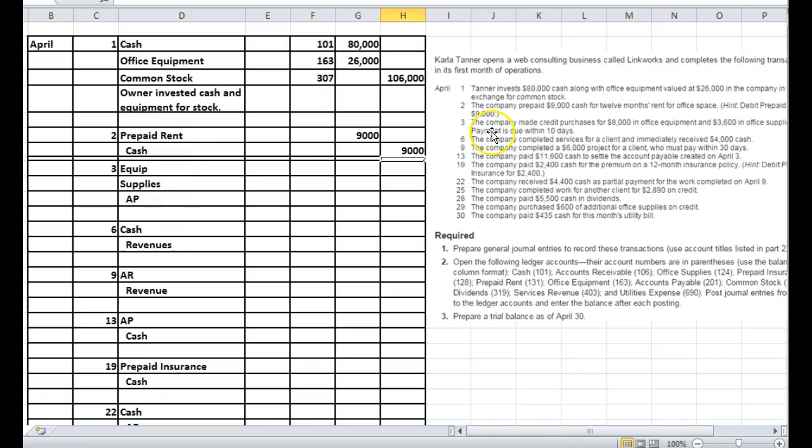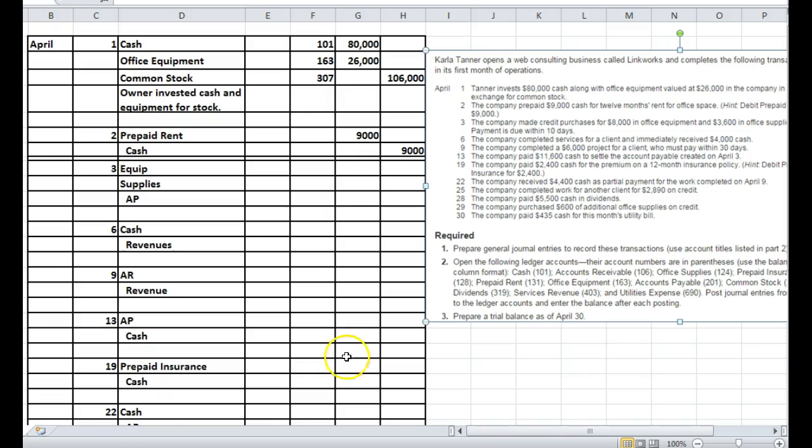In your next one, the company made credit purchases for $8,000 in office equipment and $3,600 in office supplies, and payments due within 10 days. So what accounts are involved in this? Well, I bought on credit, so that's accounts payable. I am increasing an asset called office equipment and an asset called office supplies. So I need to increase those, right?